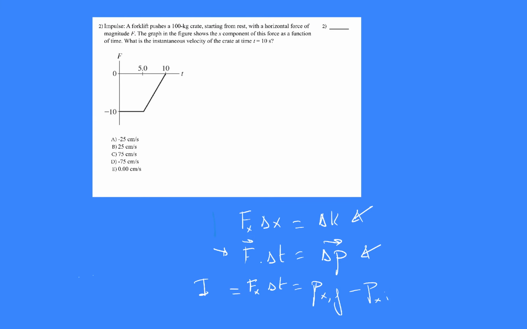The impulse is force times delta t. In the same way that this is named the work, this is the equivalent to the work, but this is a scalar and this is a vector. But in this way, the impulse in one dimension can be thought of as a scalar number.